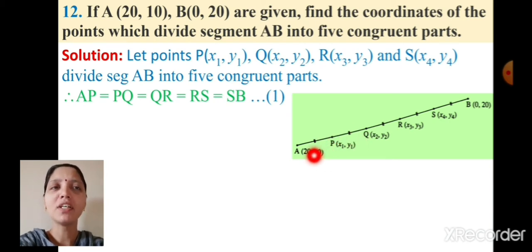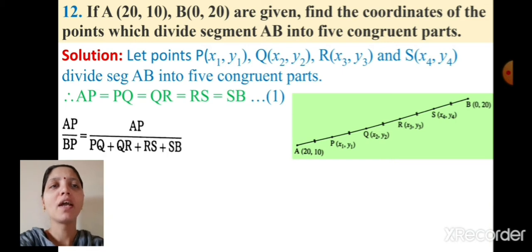Yes, we consider that point P divides segment AB in the ratio m:1. So let's find the ratio AP to PB. Now we don't know the ratio, so we consider it as it is, AP upon PB. Now PB we can write in different ways.